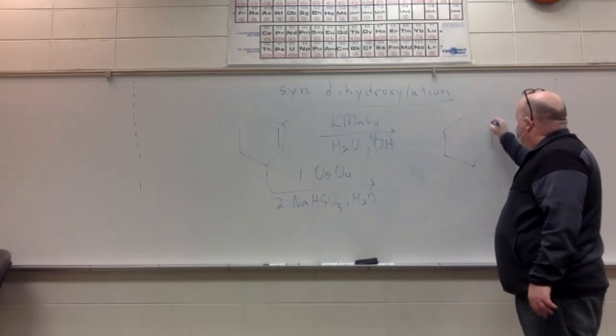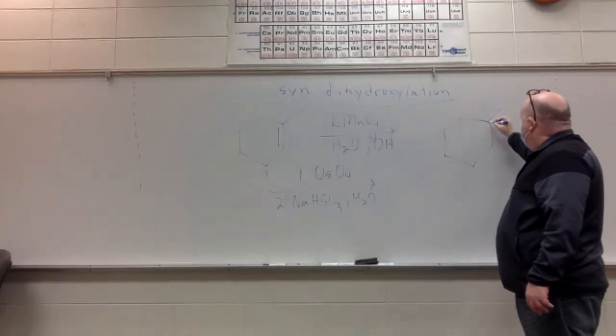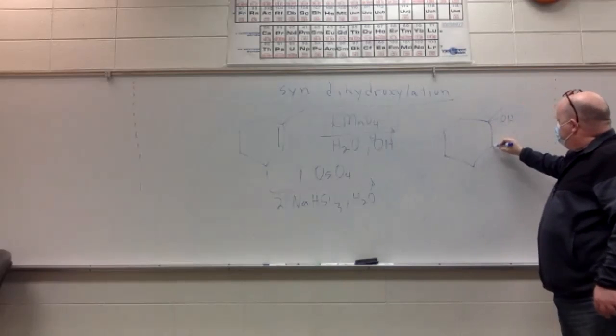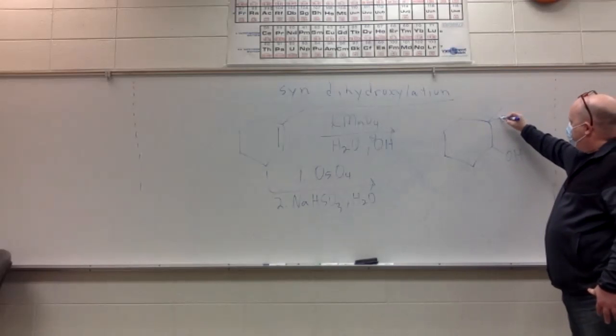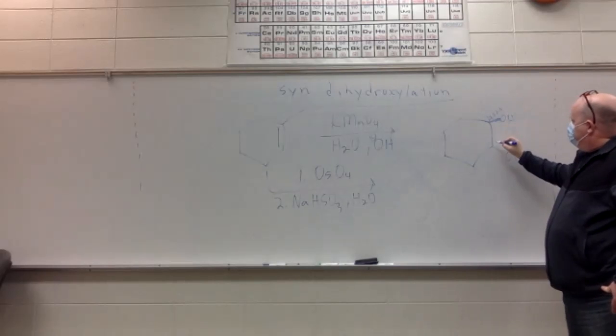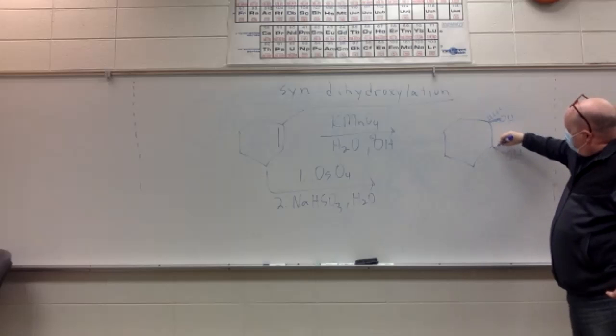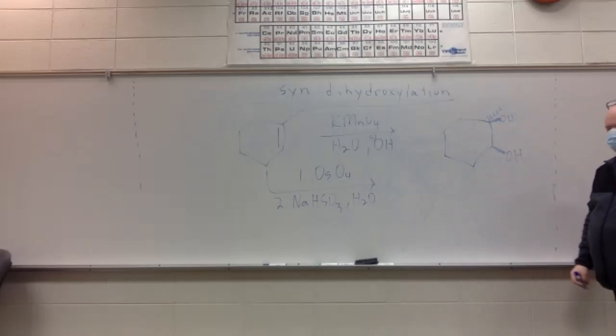So you could approach it just like you did the last one, right? Both of the carbons on the alkene get an OH. You know they've got to be on the same side, so there's a couple of different ways you could do it. Could be like this.